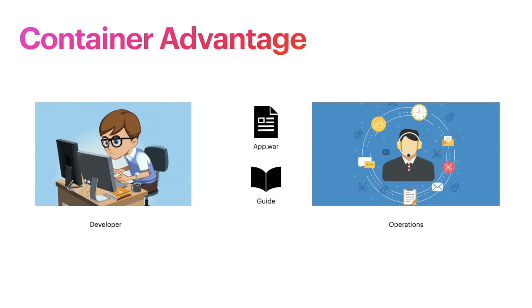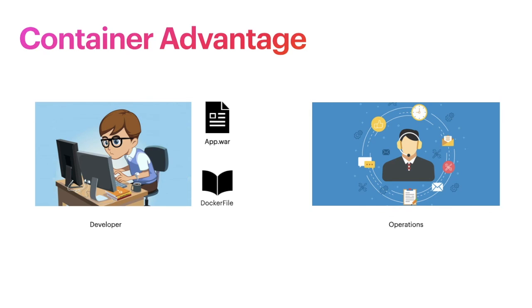Now container technology comes into the picture, where a developer will write a Docker file, and that Docker file will have all the steps to configure the application in the system.